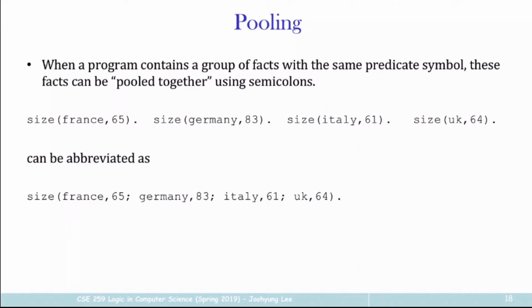So francs, 65, and then you use the semicolon to denote the separator. What Clingo does internally is when you write this way, it will turn into this form. This is called pooling.